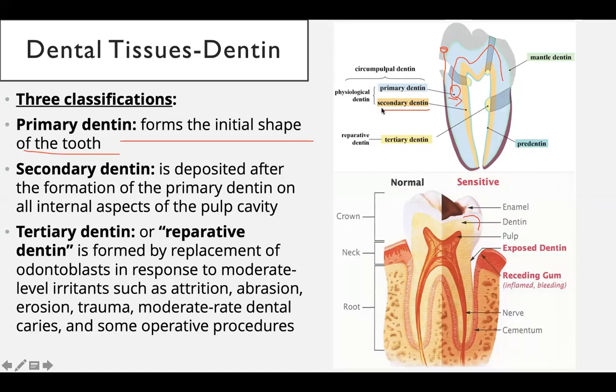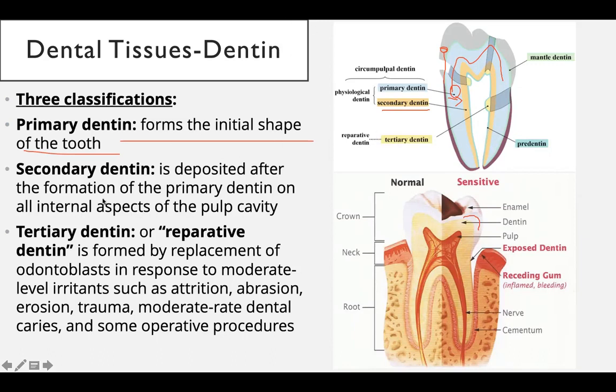These two dentins form the physiological dentin, the anatomical and functional dentin. The last layer will be tertiary dentin, and this is reparative dentin, which contains the cell. Next to that is predentin, containing the stem cells.